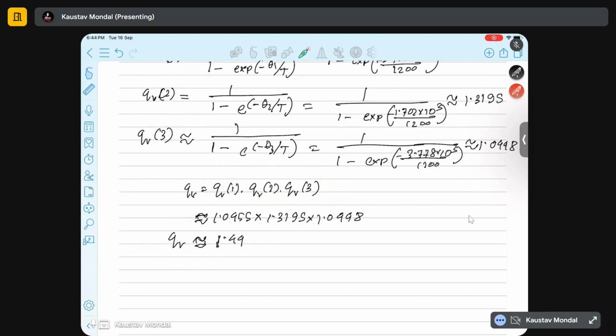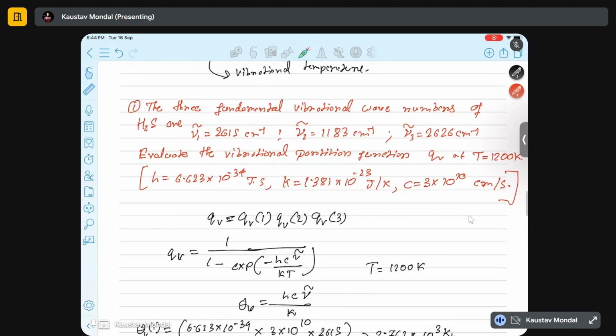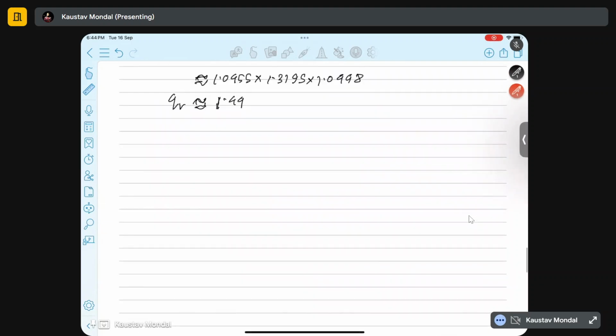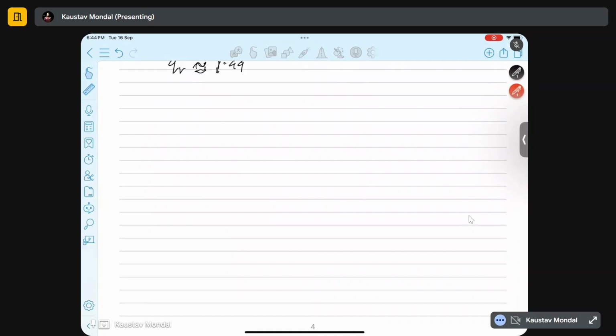So now next what we will do, a similar type of second problem we will do.